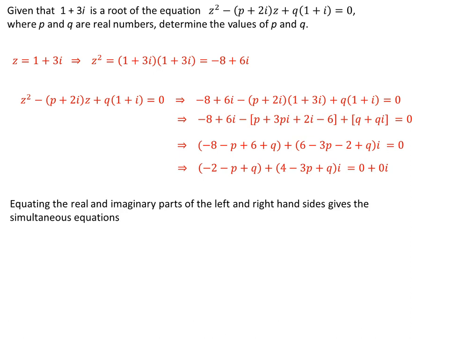And we must also have 4 minus 3p plus q equals 0. In other words, we've got minus p plus q equals 2, minus 3p plus q equals minus 4. And solving that pair of simultaneous equations in any way that you like gives us p equals 3 and q equals 5.